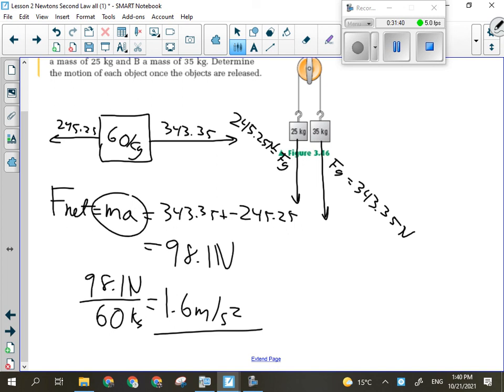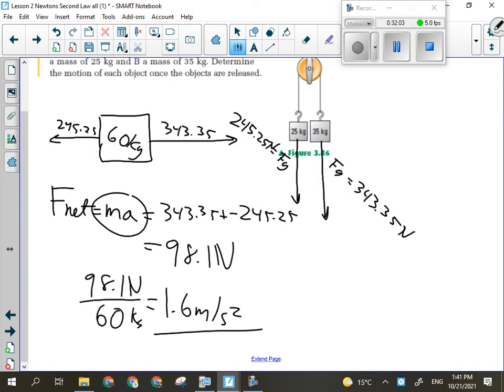Okay? All that's going to be different is when I give this acceleration, I now have to say 1.6 meters per second squared up if it's for the 25 kilogram mass, or down if it's for the 35 kilogram mass. But if it says, what's the acceleration of the system, okay, then it can only ask for magnitude. And in fact, the question should actually say that.